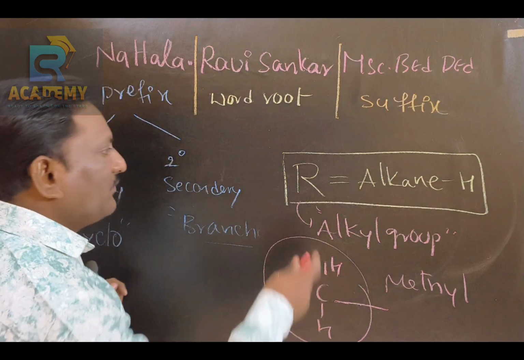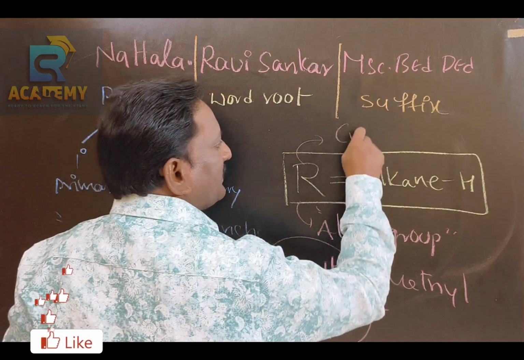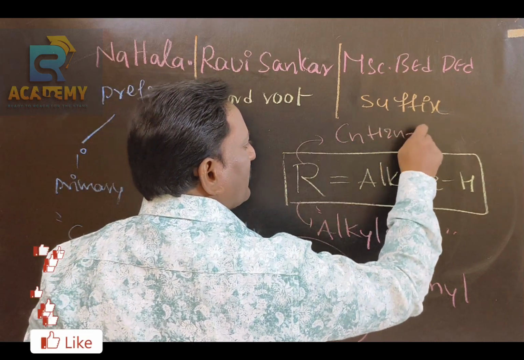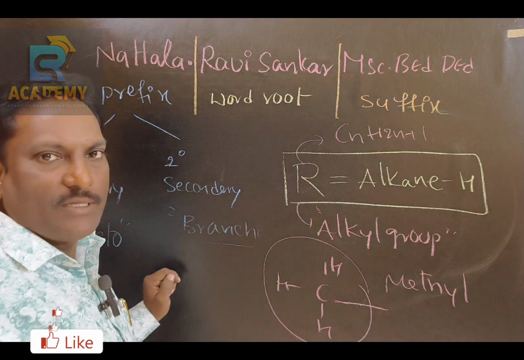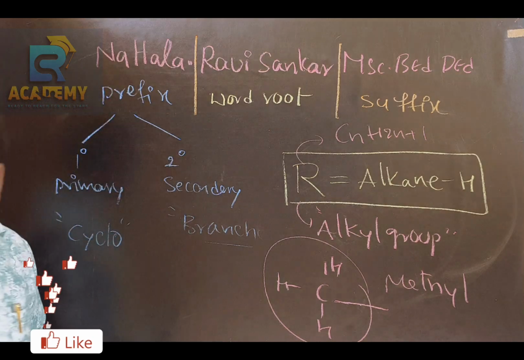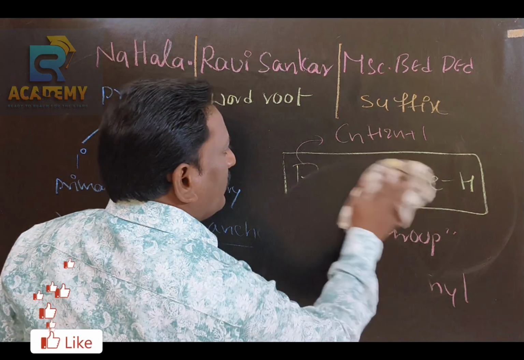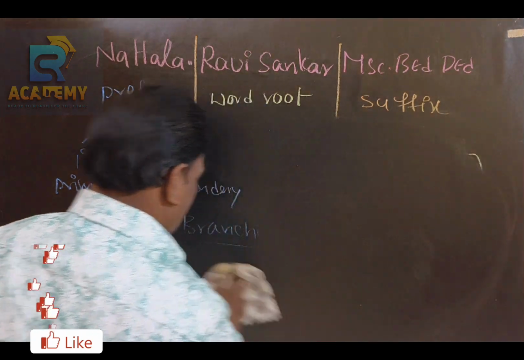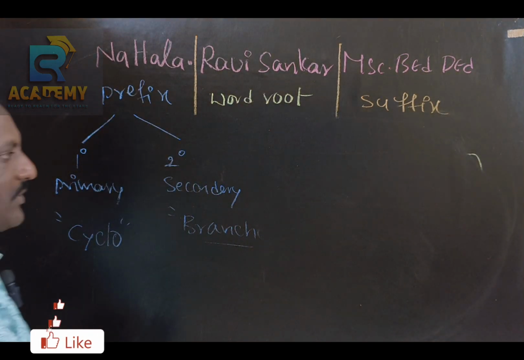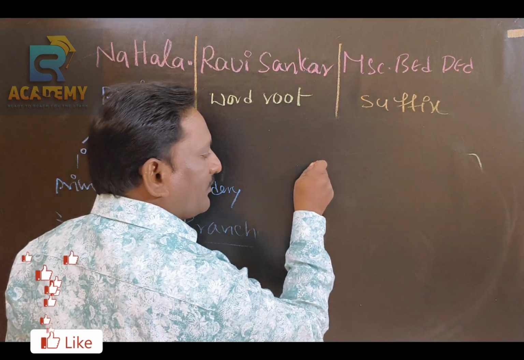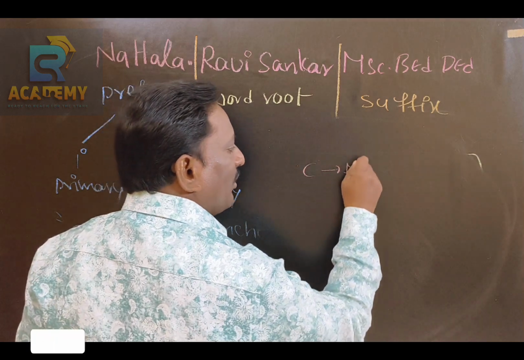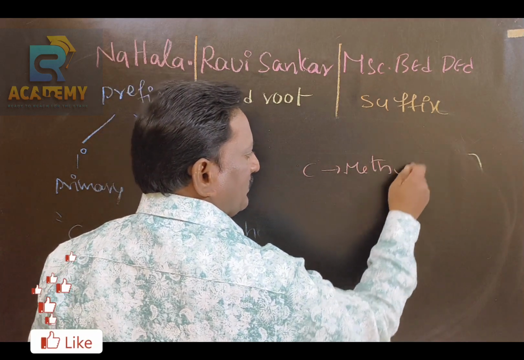Right? General formula of alkyl group is CnH2n plus 1. Okay? Right. If one carbon appears as branch, it is called methyl.